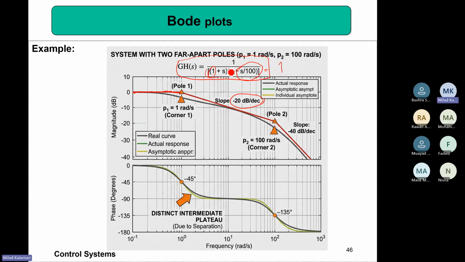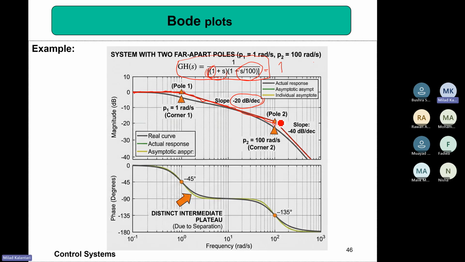Basically, we have two poles, right? One belongs to s plus 1, the other one is for s over 100. So when we reach the first pole, we are still far from the second pole. So the second pole is not yet effective, basically. It's still like a first order system so far, and the slope of the drop is 20 dB per decade until we reach the second pole.